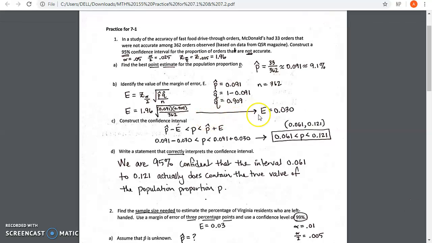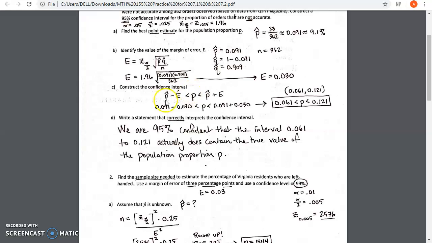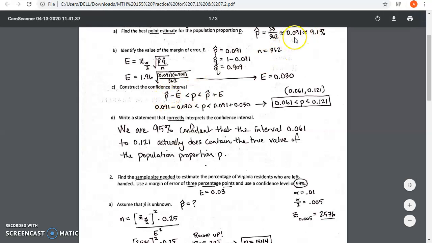Now, it's pretty easy to construct the confidence interval once you get your margin of error. What you do is you take the little p hat that you have up here, the 0.091. You take the error that you got, which was the 0.030. You take the p hat and add the error to it. That gives you the right bound.